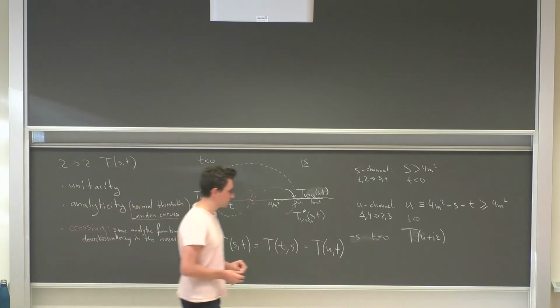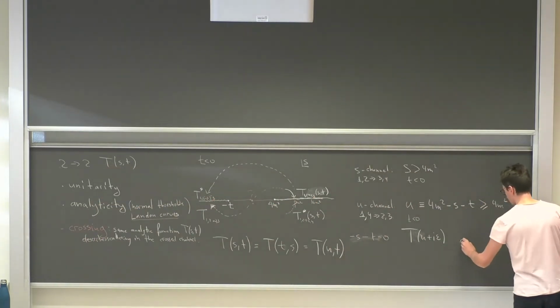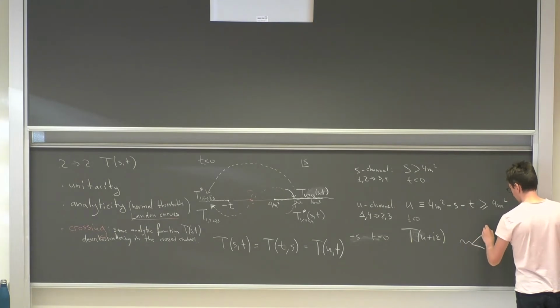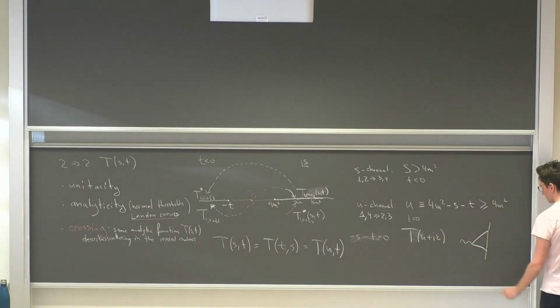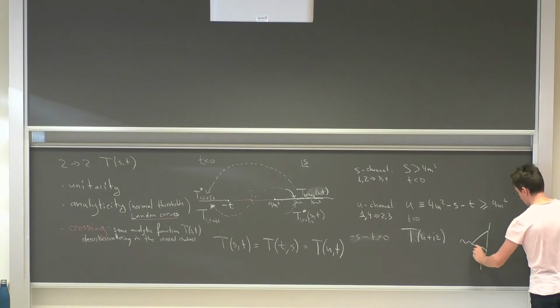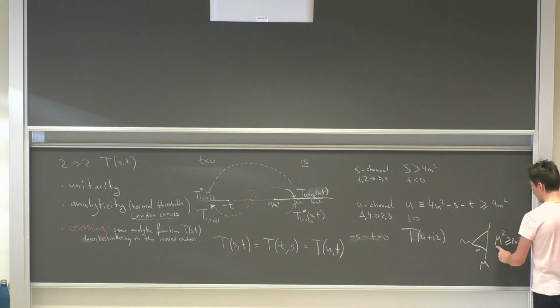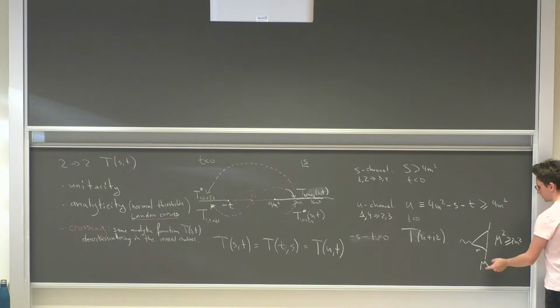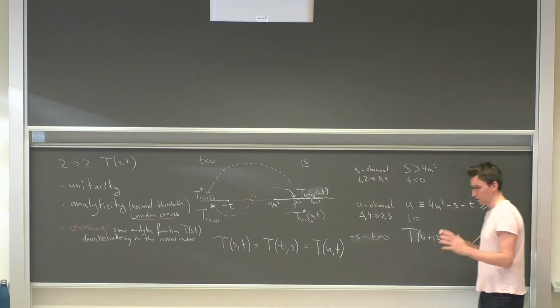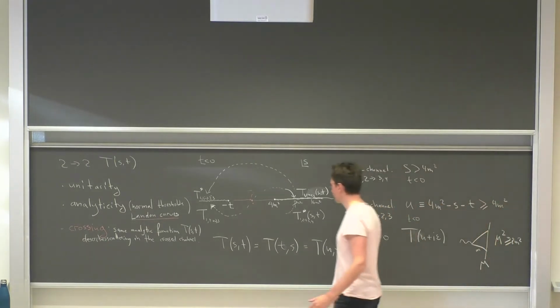And to connect to the previous lecture, remember, when we consider this diagram, the anomalous threshold, and this particle was m, and this was some m, the anomalous threshold only appeared when m squared was larger or equal than 2m squared. So this is precisely the condition that the external particle is not the lightest particle, because the lightest particle is m, and if the external particle is m, then there is no anomalous threshold. So this is a general thing to keep in mind.